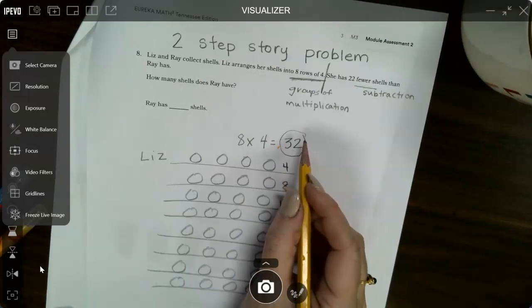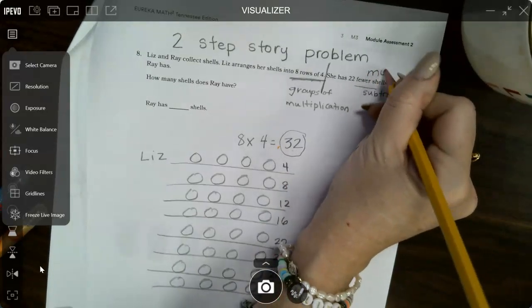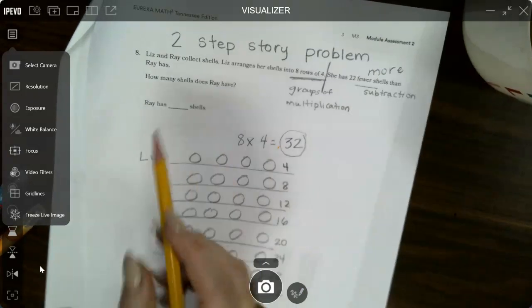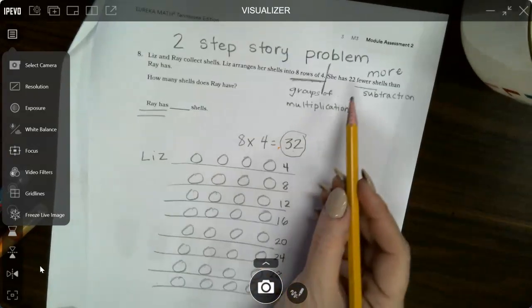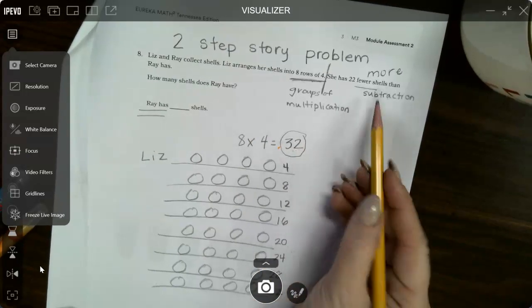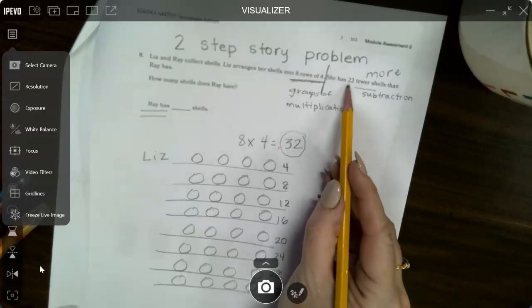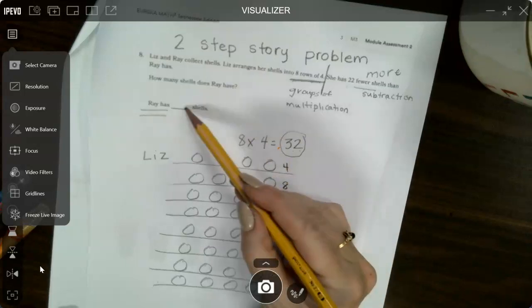The opposite of that would be Ray has 22 more. I want to know how many shells Ray has. So I'm not taking away from Liz's total. Instead, I have to put the 22 with hers in order to figure out Ray's total.